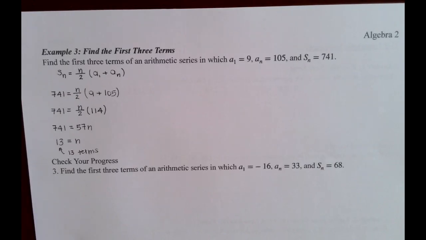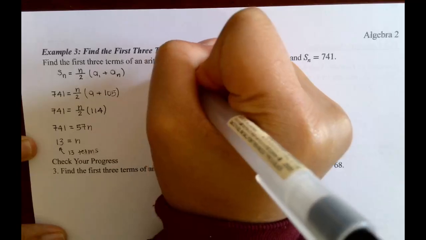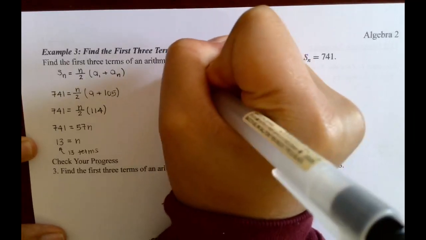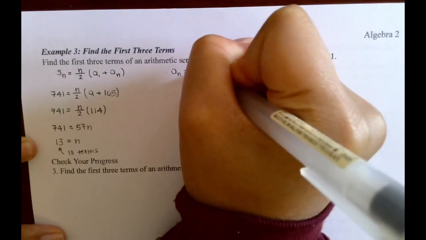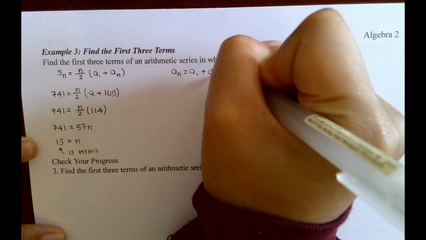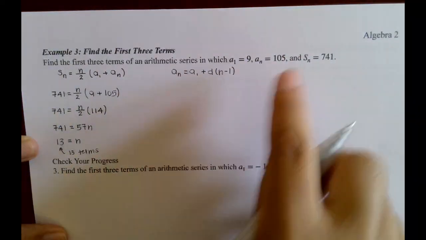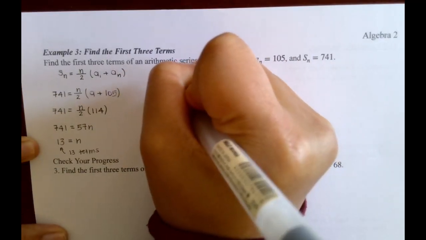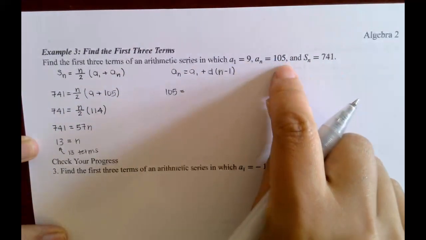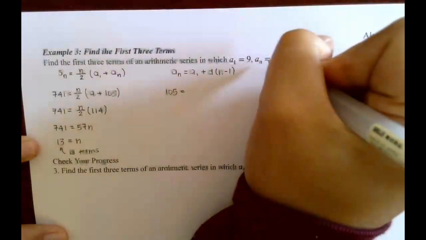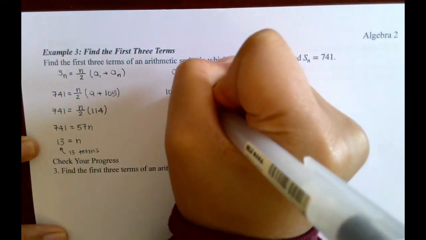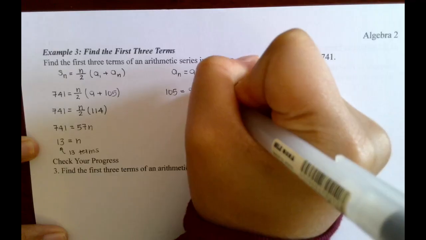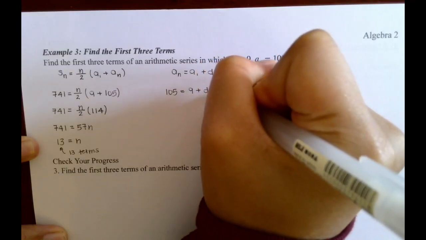Then, using that, I can figure out what the common difference is. Using this formula, a sub n equals first term plus common difference times n minus 1, I now know that this is the 13th term. So 105, because a sub n stands for any term, so one of the terms is 105, equals the first term, which is 9, plus whatever the common difference is times the place in line it is.